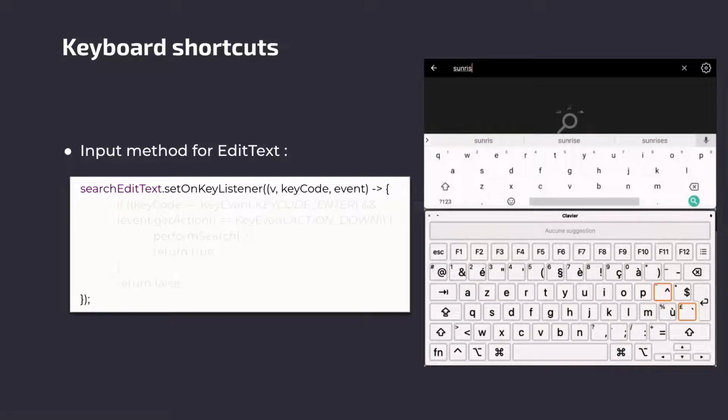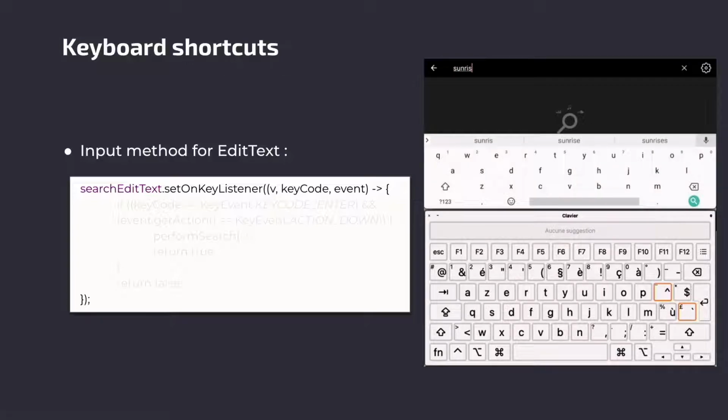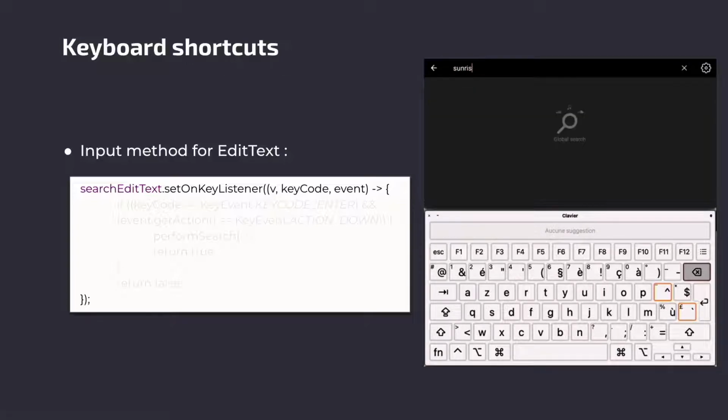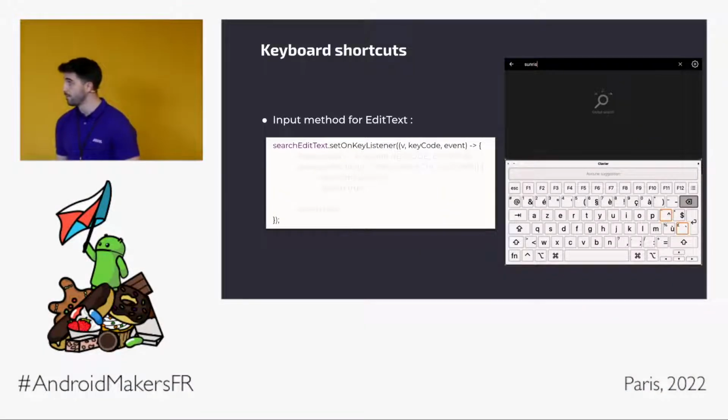A bad user experience using EditText is when you are typing something, and when you tap the Enter key, you get a new line, if you take the native behavior.